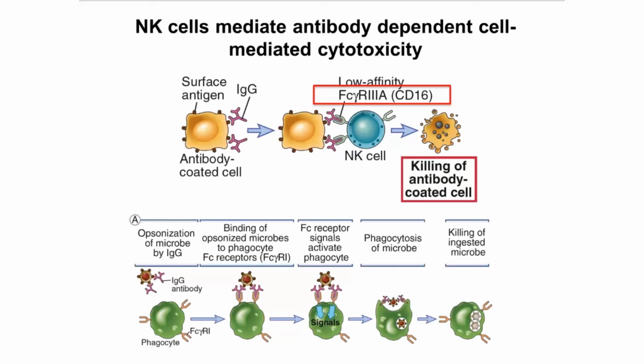So it's the most efficient cell at mediating ADCC. So the picture in the bottom really kind of illustrates it pretty nicely. An IgG antibody bound to a... that's for phagocytosis, but the top picture really illustrates the ADCC pretty nicely.